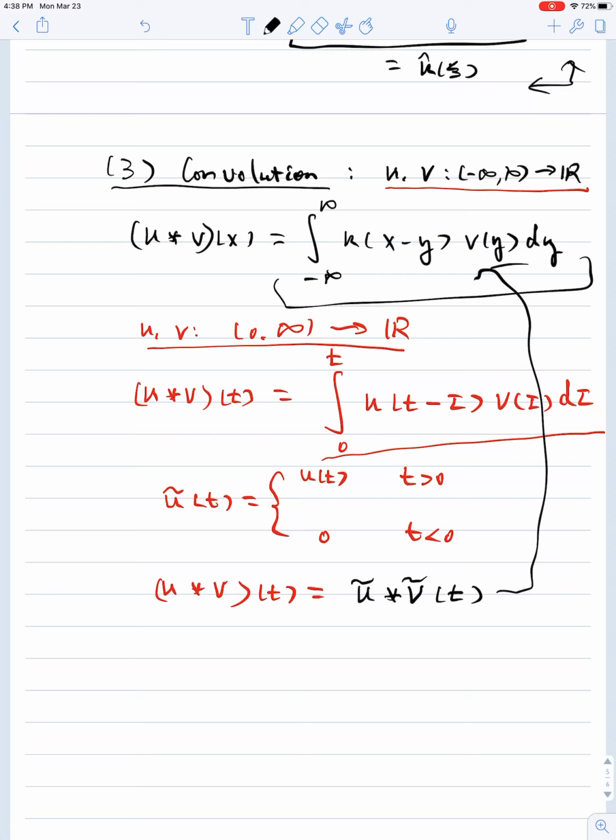Why is that? This one is defined through the case when we define the Fourier transform, and this is the Laplace transform.